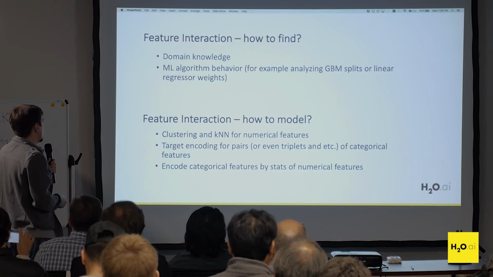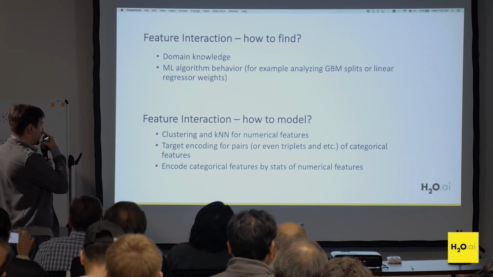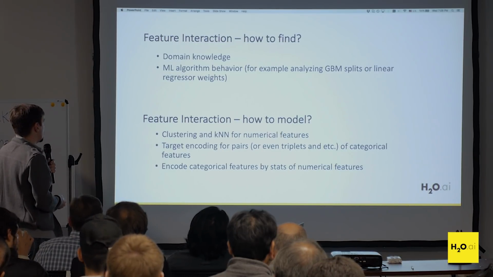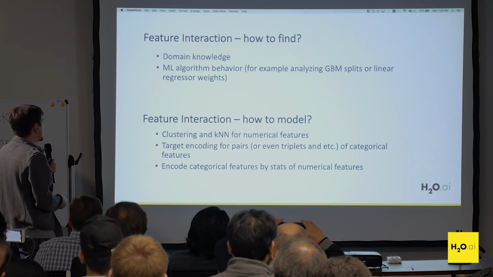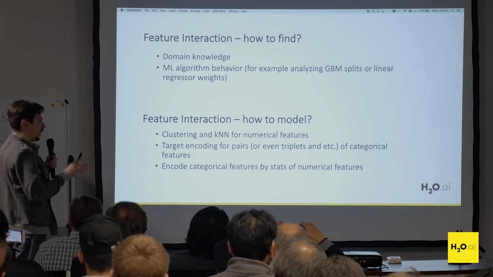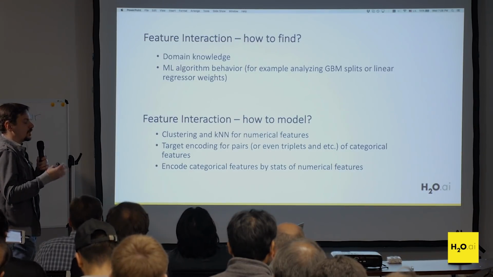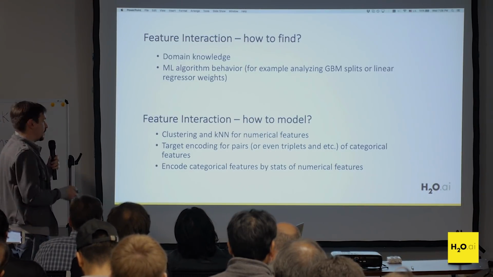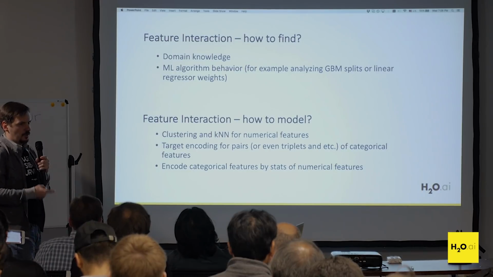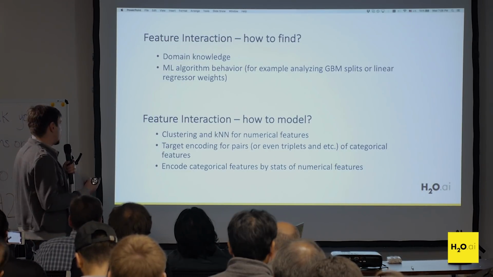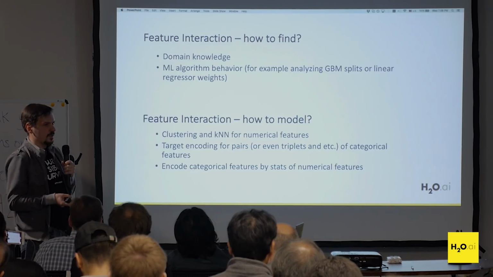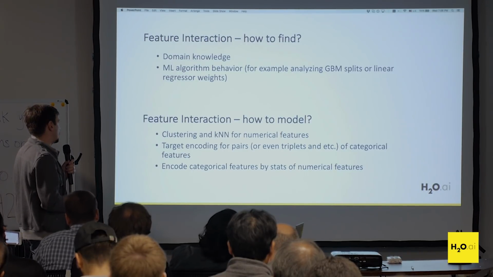That's something I would discuss at the next meetup on advanced feature engineering. The question is, how can you encode different feature interactions? Well, for numerical features, you can apply different mathematical operations. You can also use clustering or k-nearest neighbors to create some features for you.